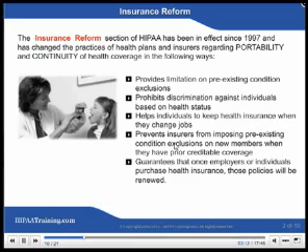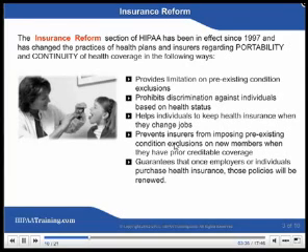Insurance reform. The insurance reform section of HIPAA has been in effect since 1997 and has changed the practices of health plans and insurers regarding portability and continuity of health coverage in the following ways. Provides limitation on pre-existing condition exclusions.